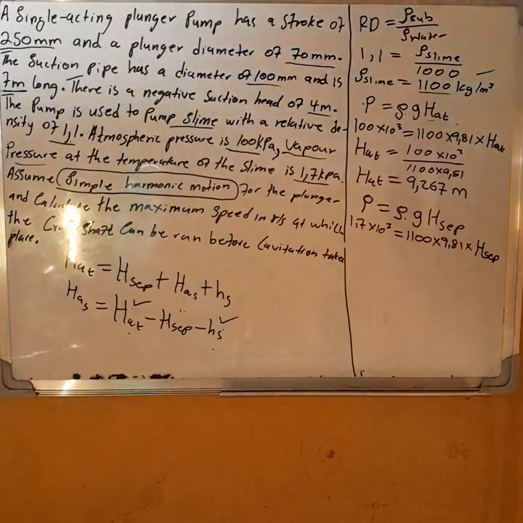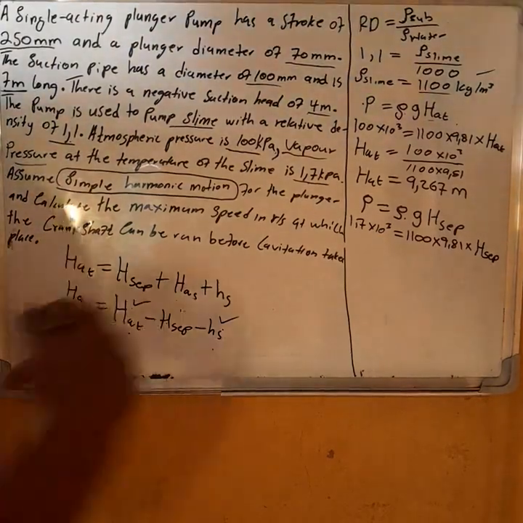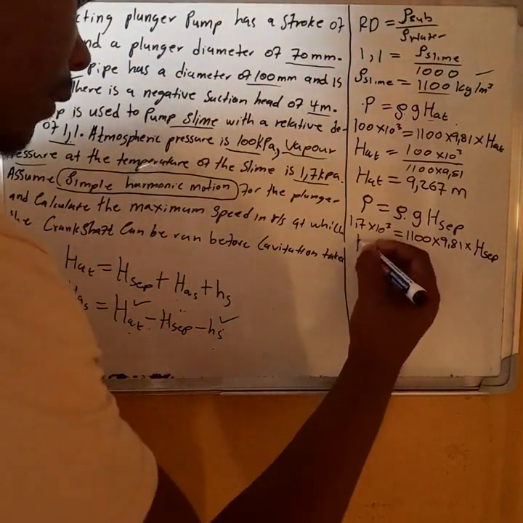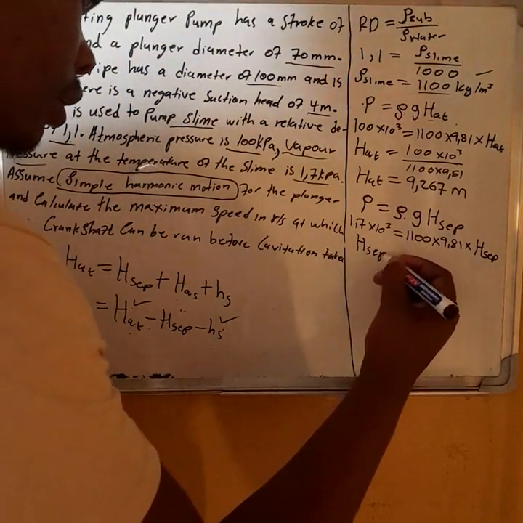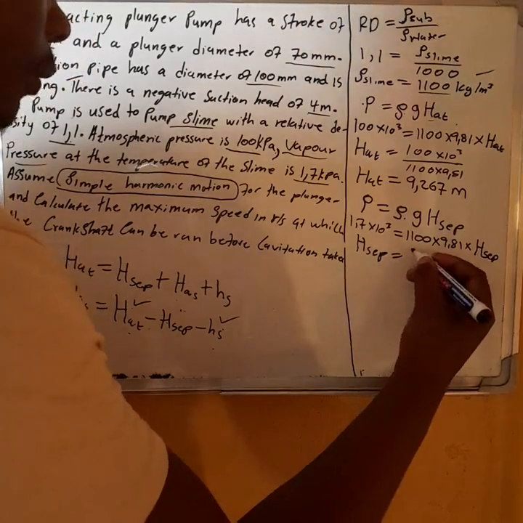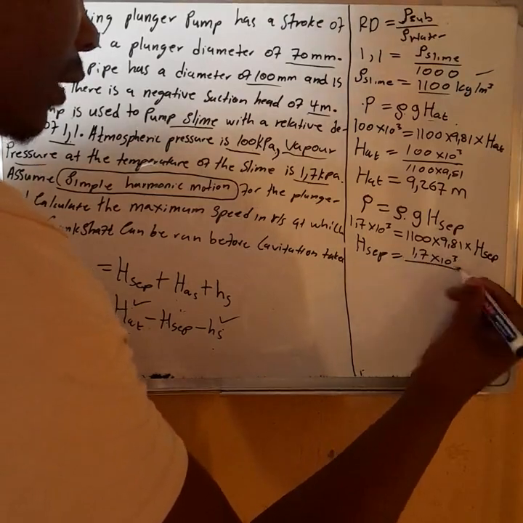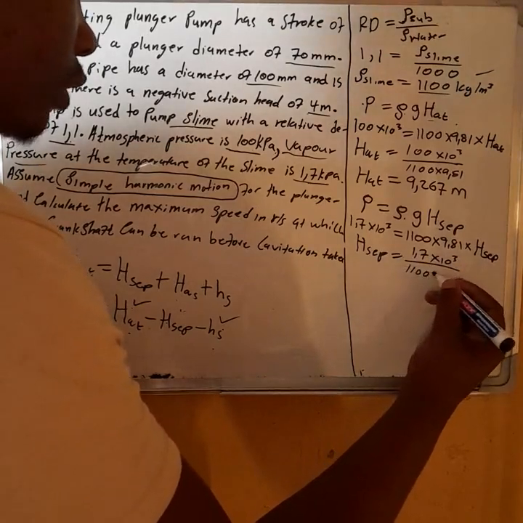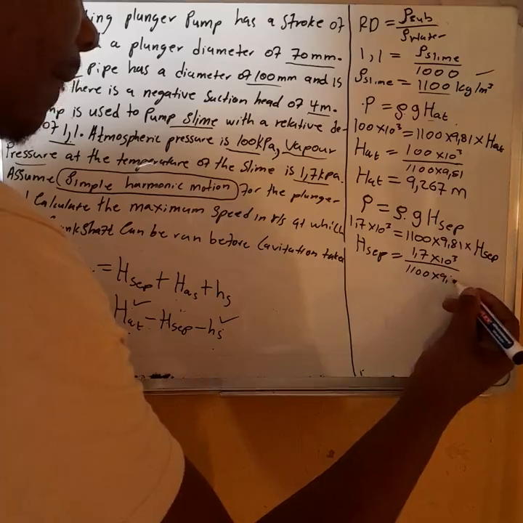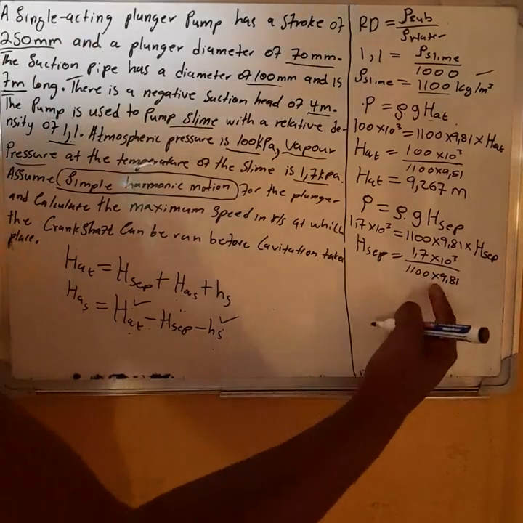That is not bad. You divide this and you will have H_sep: 1.7 times 10 to the power 3 divided by 1100 times 9.81.